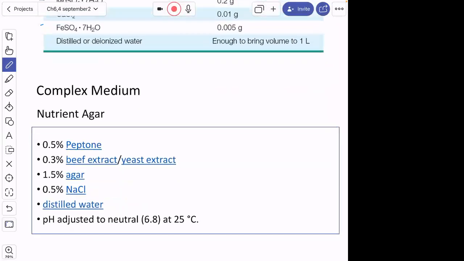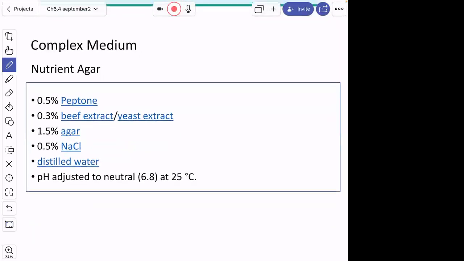Here's an example of a complex media. And this is a media that if you're in lab, you're going to be using all the time. It's called nutrient agar. It's a good all-purpose media. I wanted to look a little bit more closely at what's in that media. It starts to give us an idea of the sorts of things that bacteria need to grow and reproduce.